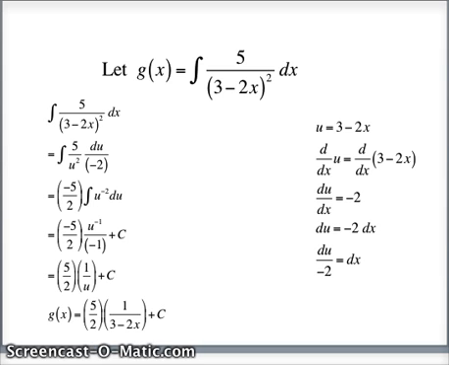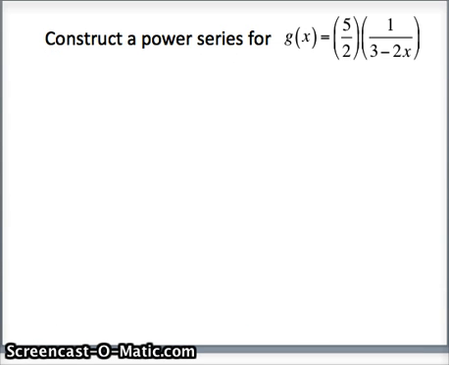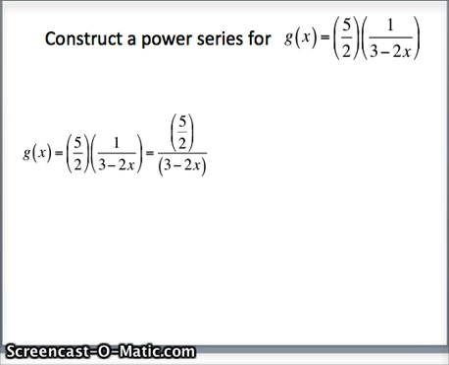So indeed, we're going to define that g of x function as 5 halves times 1 over 3 minus 2x, recognizing indeed that g of x is in that a naught over 1 minus r form. So ignoring the constant, let's define this as our g of x function, the g of x function we want to use. So it's 5 halves times 1 over 3 minus 2x, or 5 halves over 3 minus 2x.